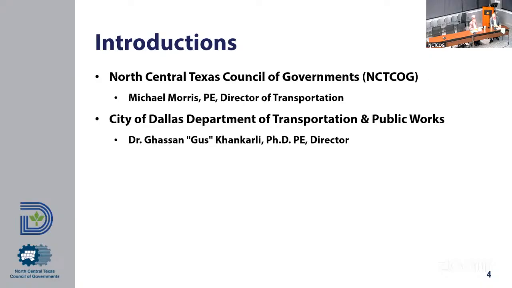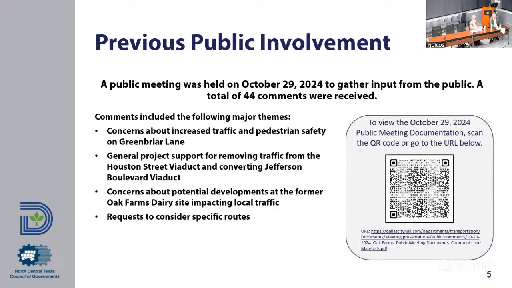So if you go to the next slide, I thought we had a terrific turnout on October 29th. We laid out the process. We sort of encouraged a certain direction with regard to Greenbrier because none of us want to overload the traffic on the western side of the corridor.